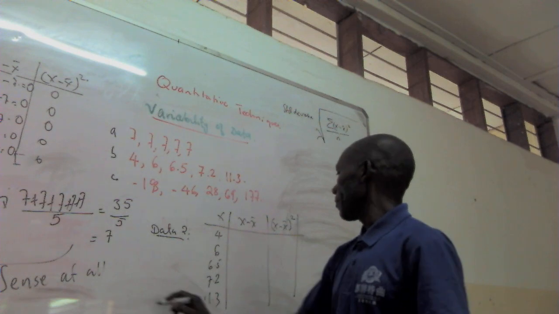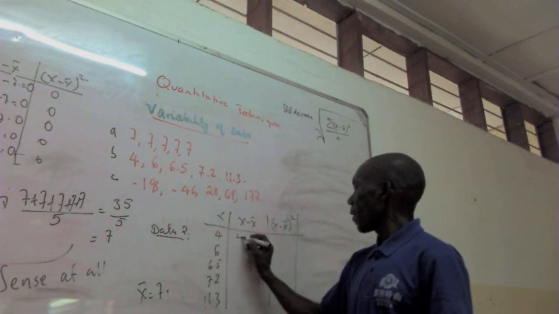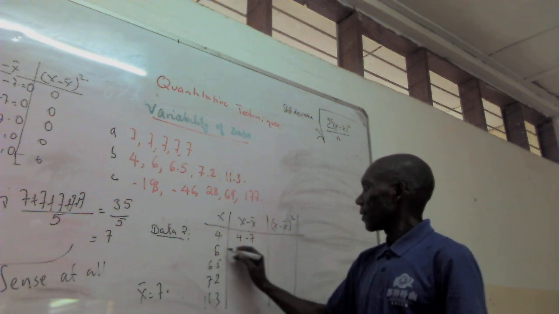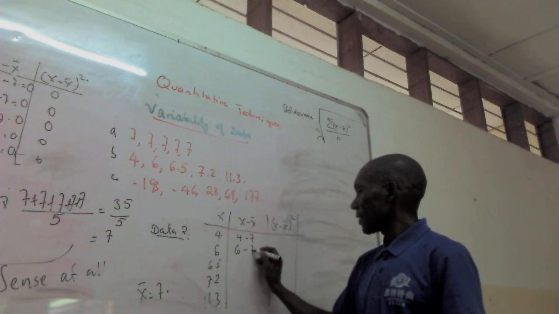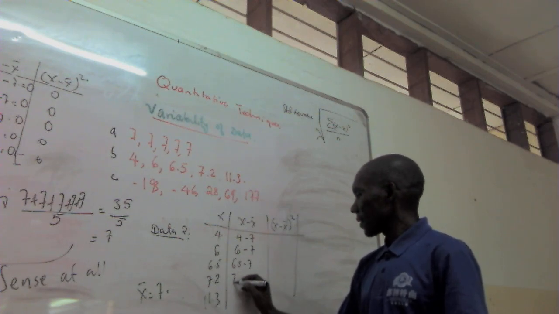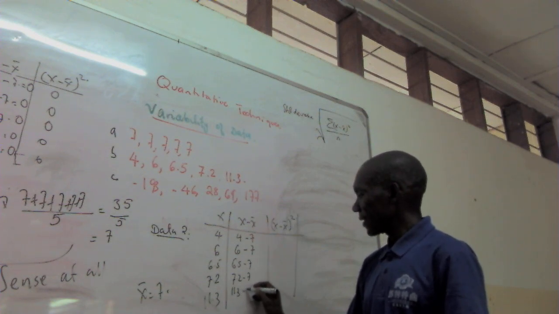The X bar is 7. So this is 4 minus 7, 6 minus 7, 6.5 minus 7, 7.2 minus 7, 11.3 minus 7.